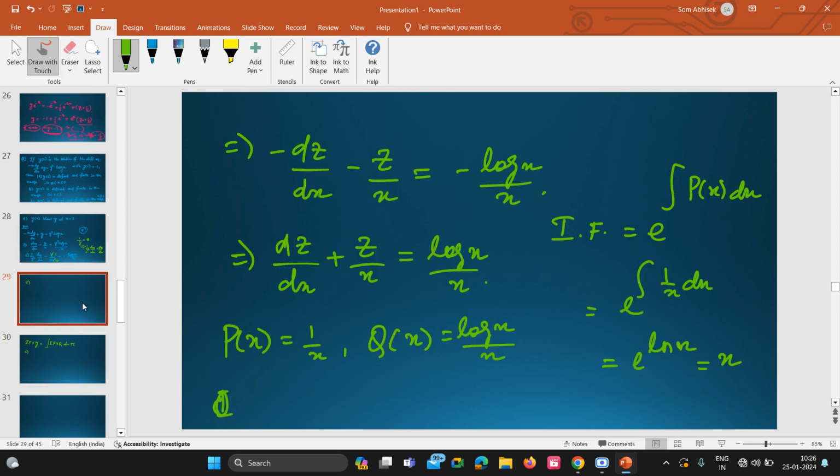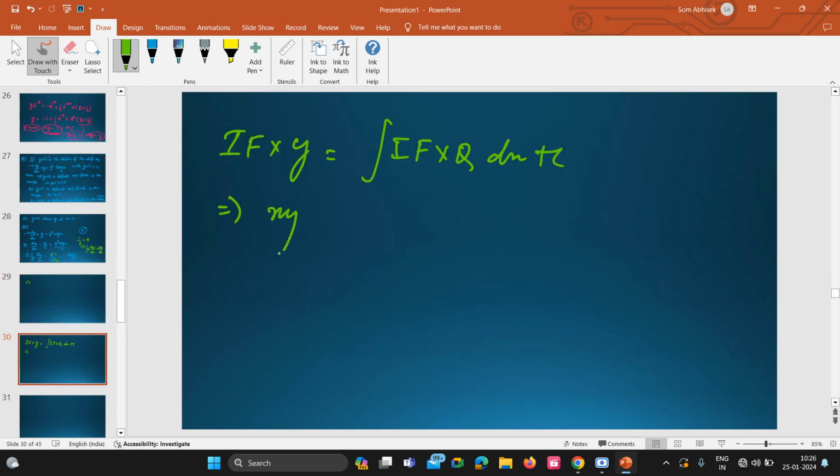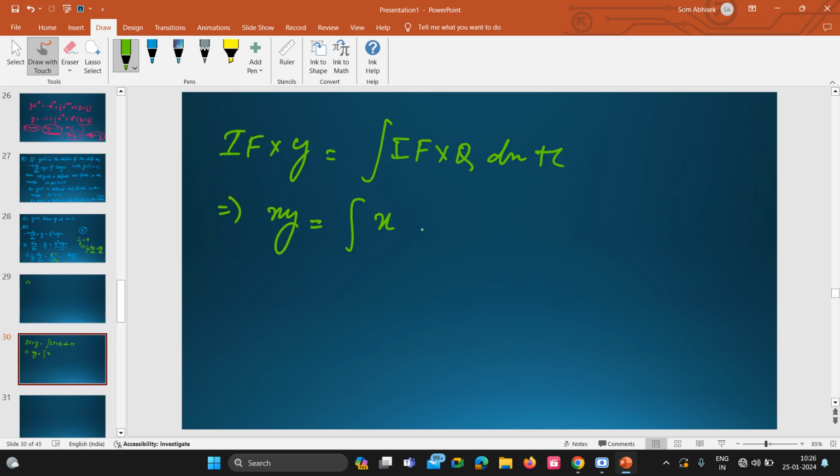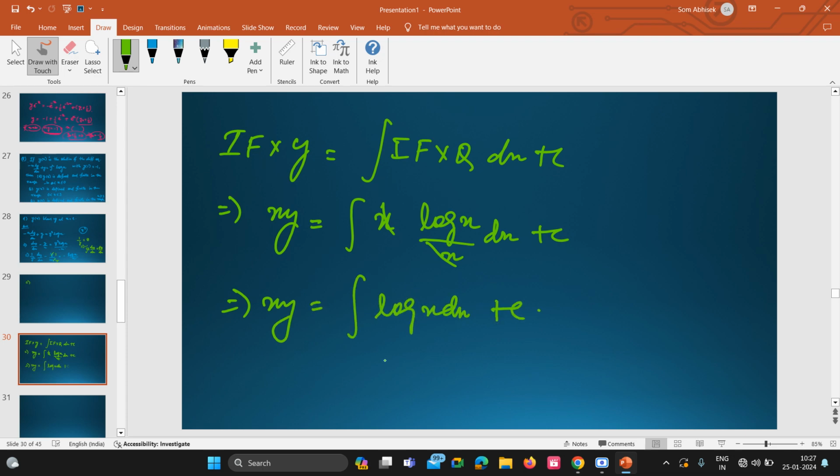So x into, integrating factor is your x, into Q, that is log x by x. x cancels out. So xz is equal to integration of log x dx plus c.